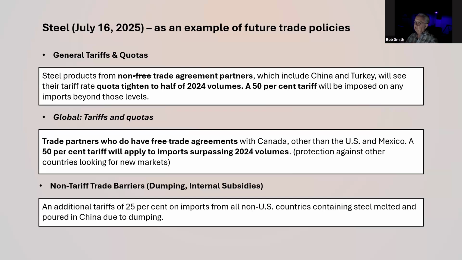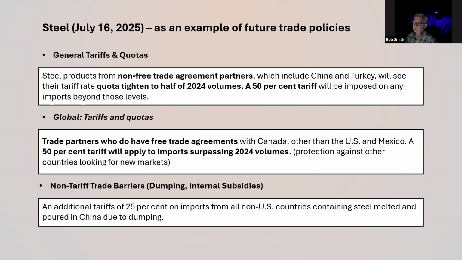Now, there's a couple of things from there, and I may be getting ahead of myself in my slides, is that when there is a quota, such as the 2024, you have to get in and get an import license, all right? Which is how the government tracks what's coming in, because it's 2024 volumes globally, all right?